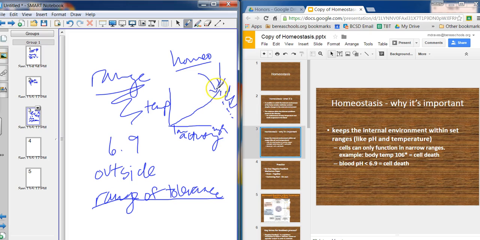So that is outside our range of tolerance, that temperature. So as a result, our body strives to maintain and bring it back down to the normal range. Some situations would not allow for that to come back down, and so the end result, as you can see on the slide, would be death.